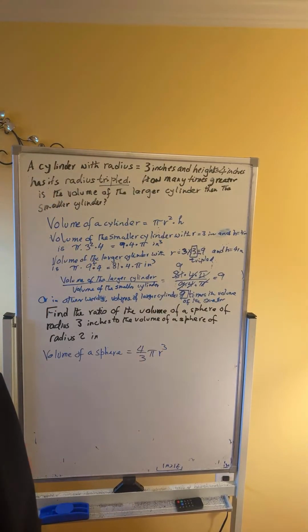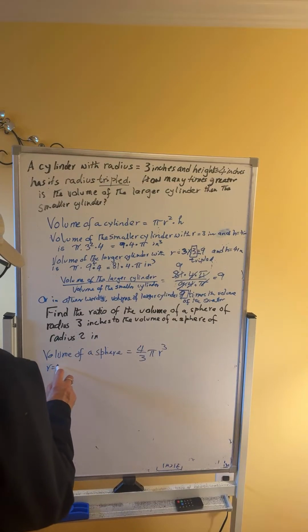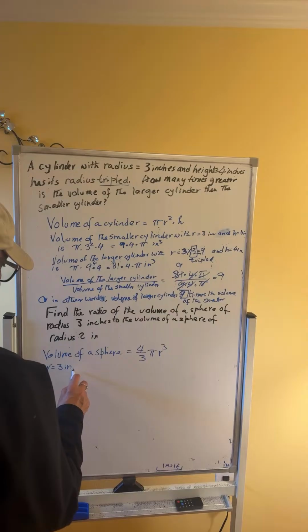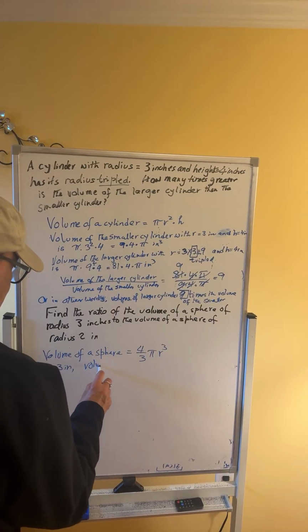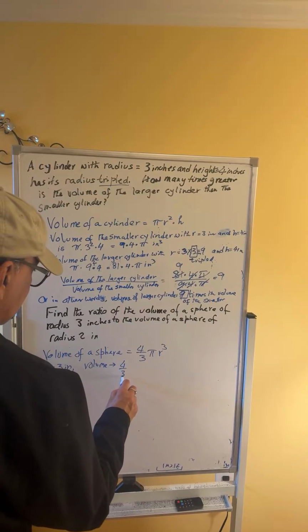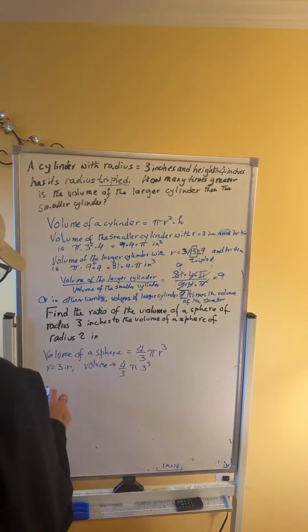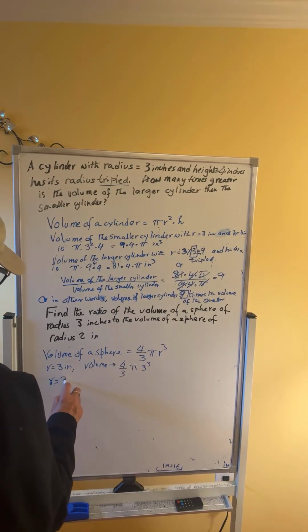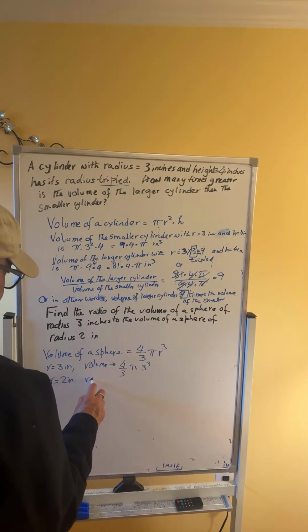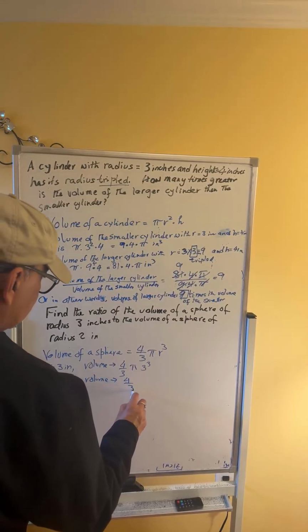Okay, so for the sphere of radius 3 inches, r is equal to 3 inches, volume is 4/3 pi 3 cubed, r cubed is 3 cubed. And when the radius is 2 inches, the volume is 4/3 pi 2 cubed.